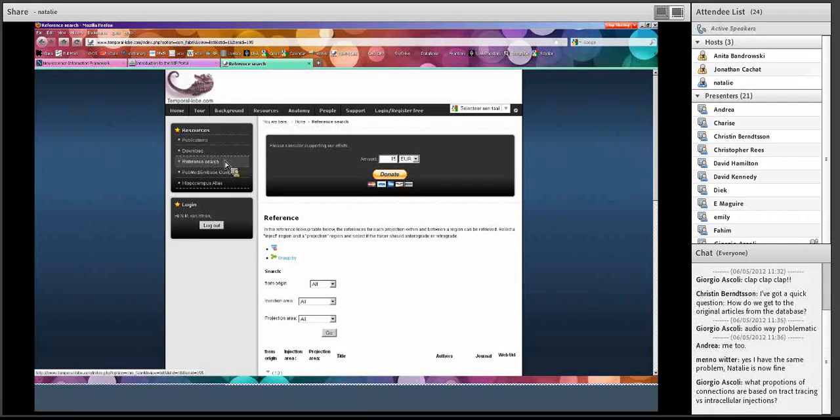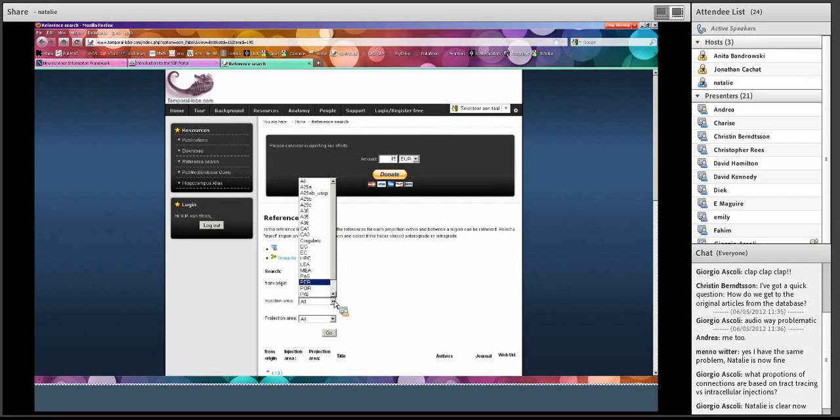You can look for the connection you want. You can choose either afferent or efferent, and then you can go for an injection area, for instance, CA1, and take a projection area, cingulum, and you click on go, and then you have to scroll down a bit.